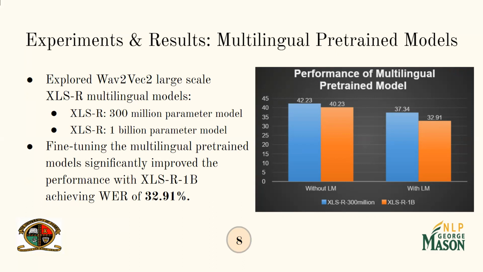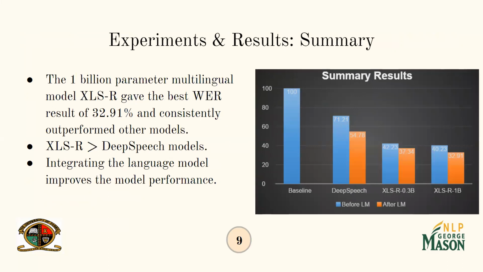The results obtained show that the multilingual pre-trained models consistently outperformed the DeepSpeech models, demonstrating the effectiveness of multilingual pre-trained models in cross-lingual transfer of acoustic representations of monolingual pre-trained models.